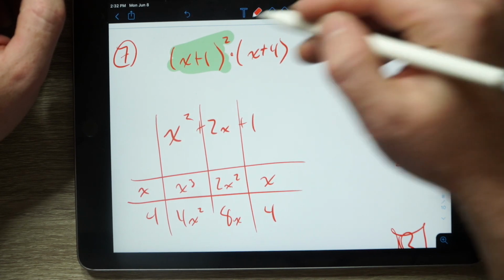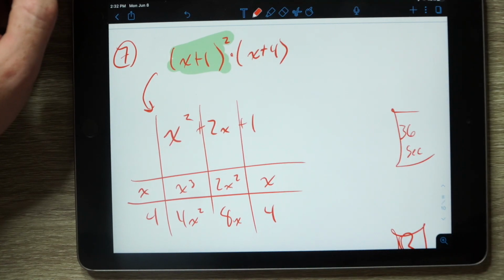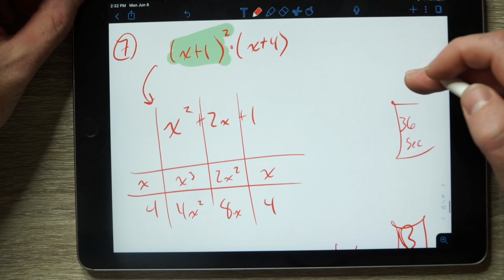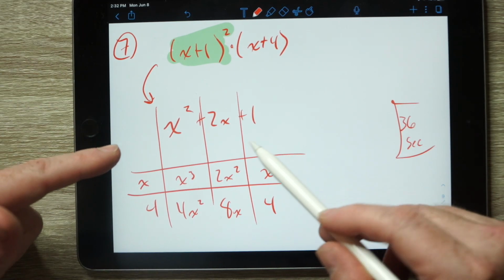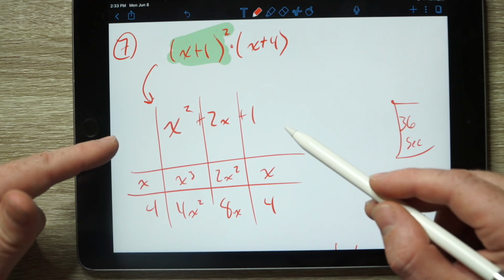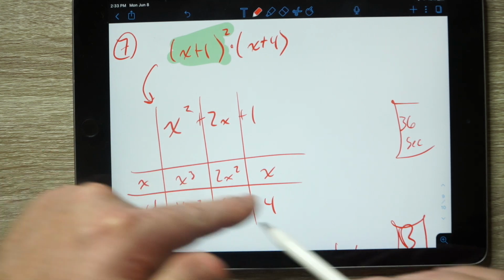So that got me to here really quickly. Yeah, x squared plus 2x plus 1. Oh, I see what I did. Once you get there, multiplying that other polynomial in is just one iteration of the window box, and it's pretty straightforward.